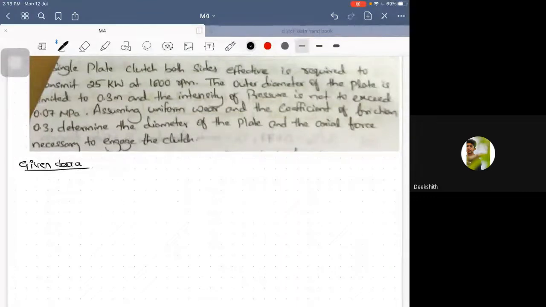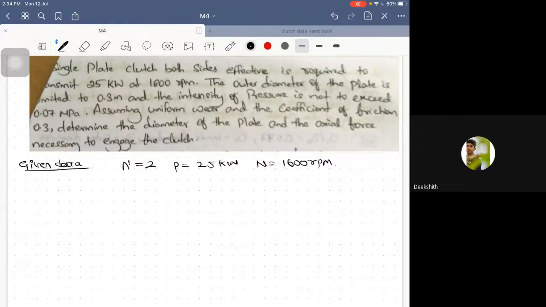That means, what is the value of N dash? By this time, you have to be in a position to say the value of N dash. He says single plate clutch with both sides effective. So N dash is 2. Very good. The power to be transmitted is 25 kilowatts at a speed of 1600 RPM.